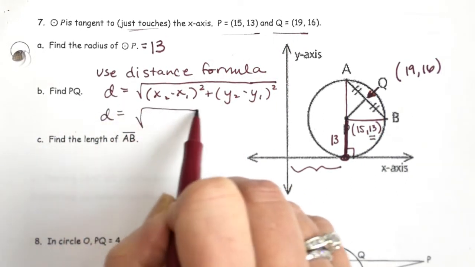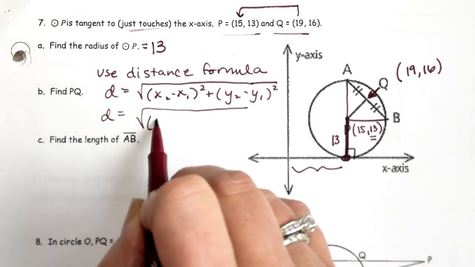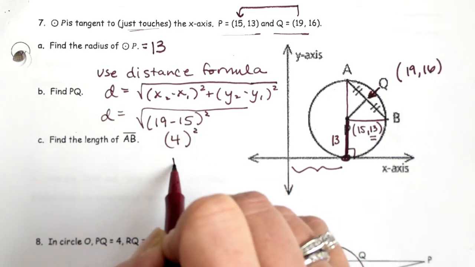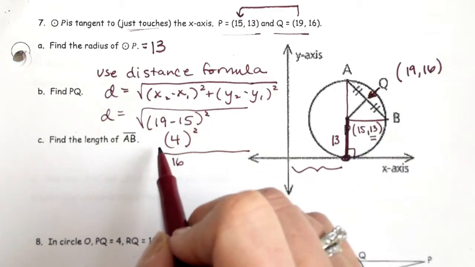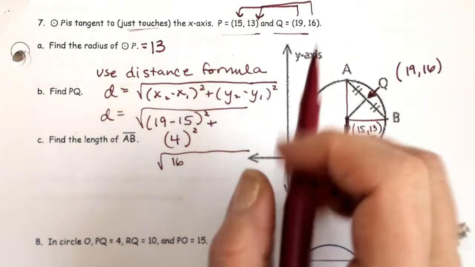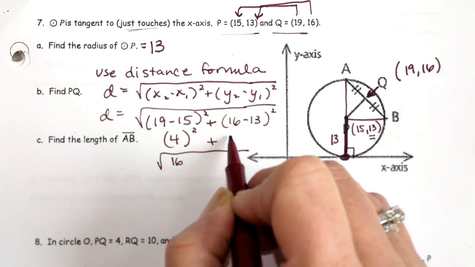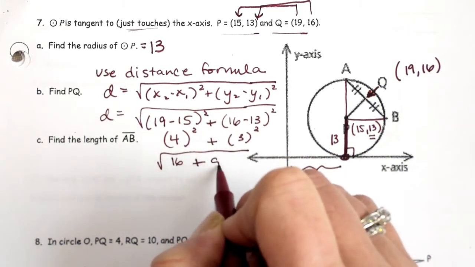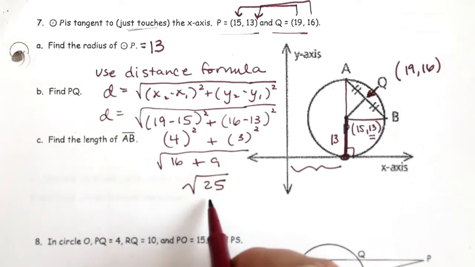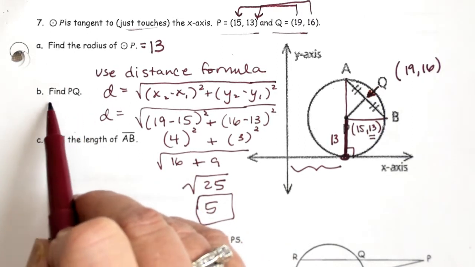So the distance is, so let's go 19 minus 15 squared, which we all know to be 4, and 4 squared is 16. Remember, this is still under the radical. Plus 16 minus 13 squared, which is 3 squared, which is 9. So 16 plus 9 is 25, and the square root of that is 5. So this whole answer is equal to 5.